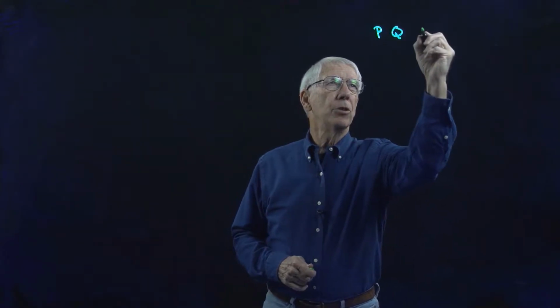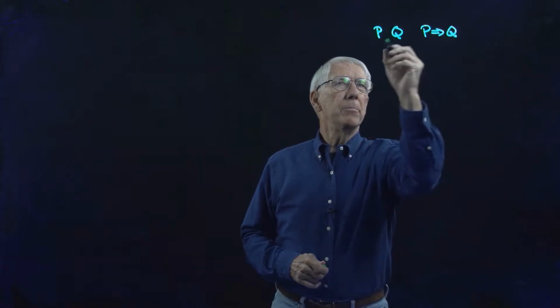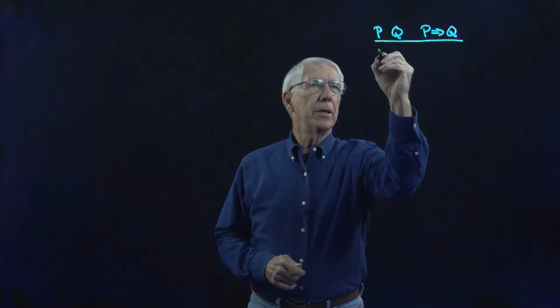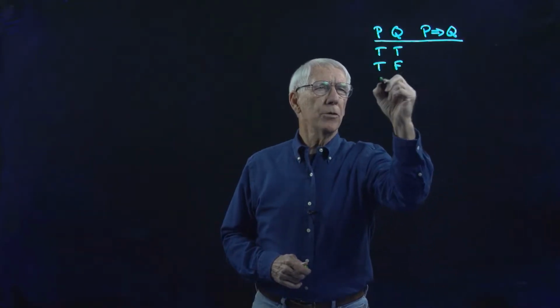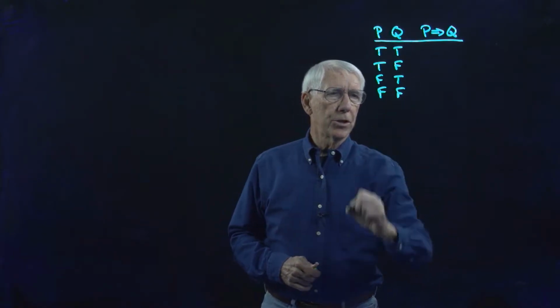So let's actually write down its truth table again. Here's P, here's Q, and here's the statement we're interested in, P implies Q. We have both true, true and false, false and true, and false and false.